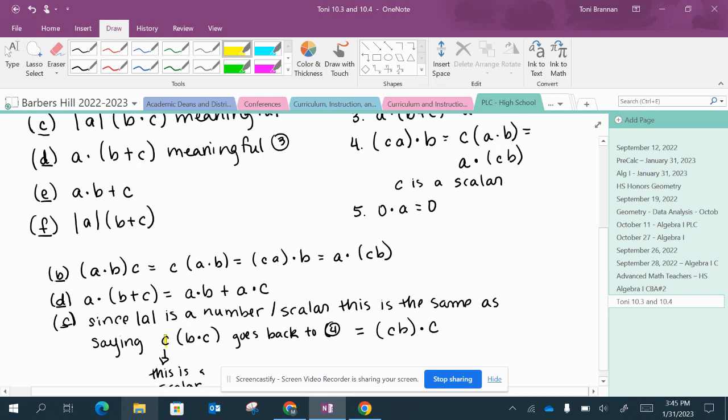I'm going to put the scalar in yellow. That's the scalar. That other C is not. Which equals, of course, my C, where that C is the scalar, times B dot C, which equals B dot C, C. This is my scalar. Okay? So it goes back to number 4. Okay, let's see if this works.